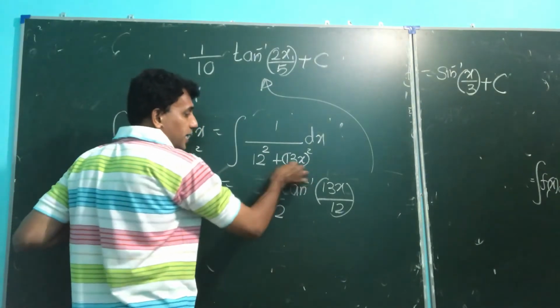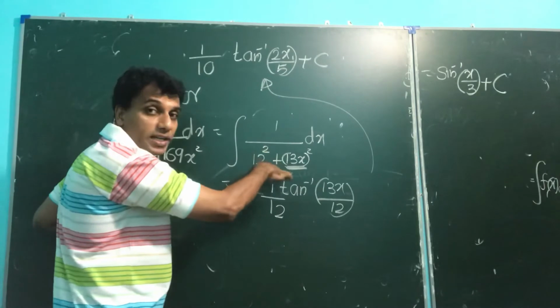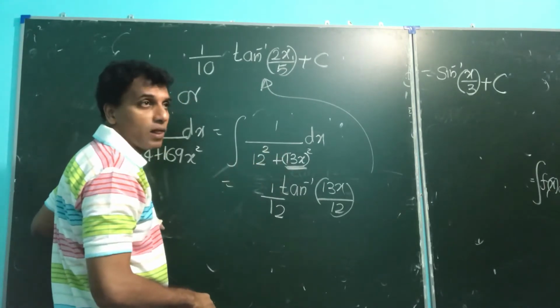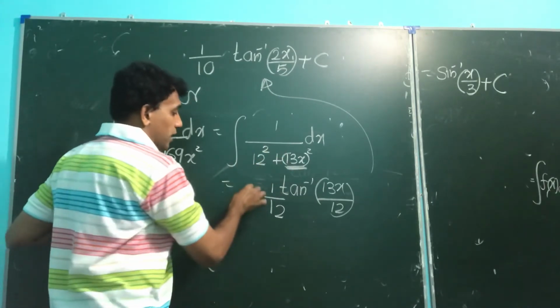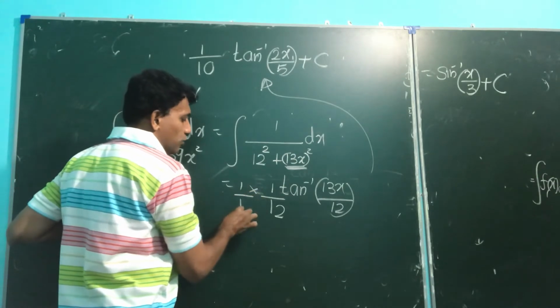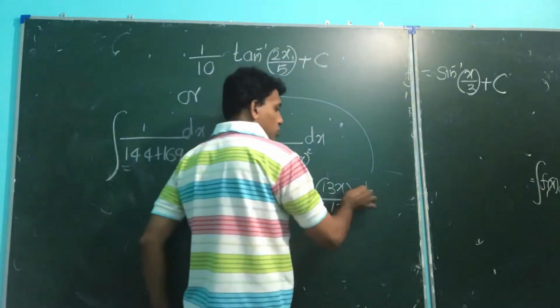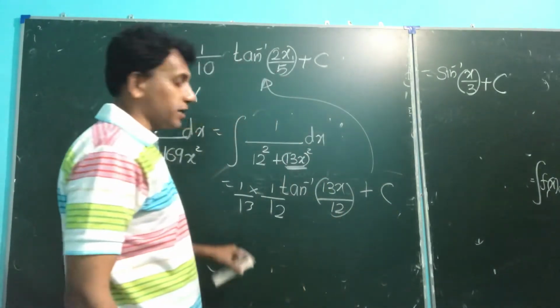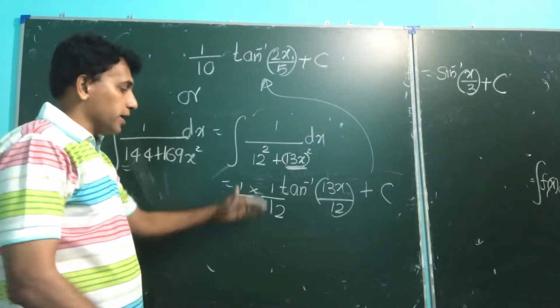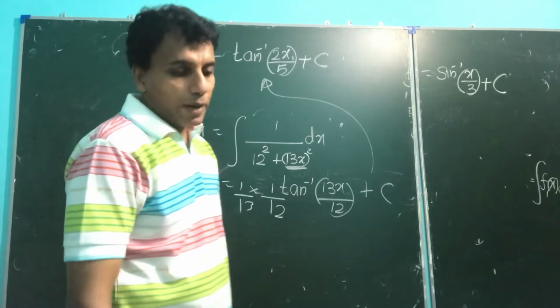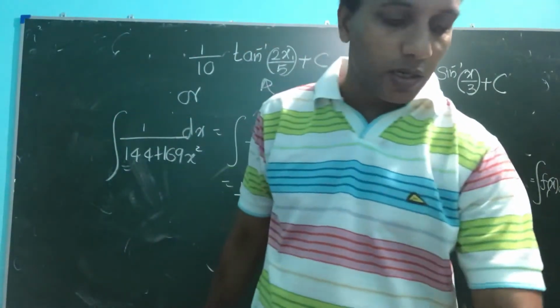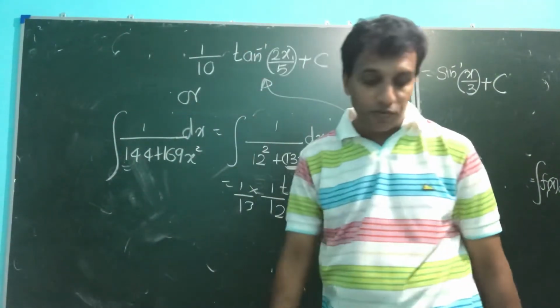Also there's a derivable function, 13x can be differentiated, that is 13, so write the reciprocal 1 over 13. Multiply and get the answer, put the plus C also. Here multiply 13 times 12, and plus C, the answer is 156.